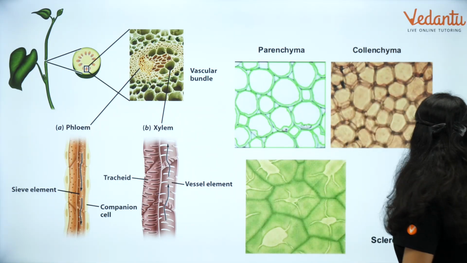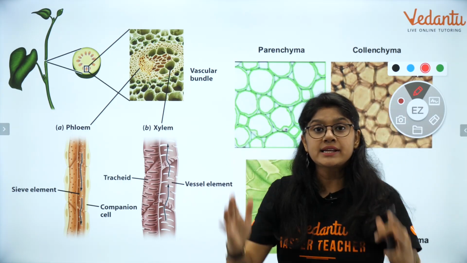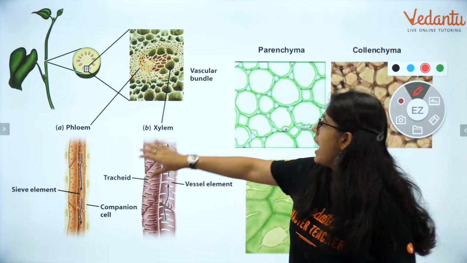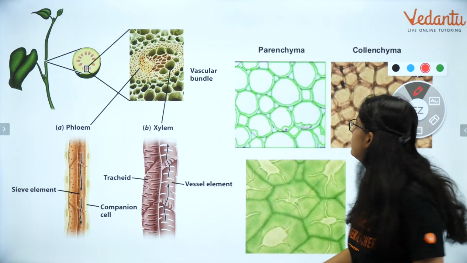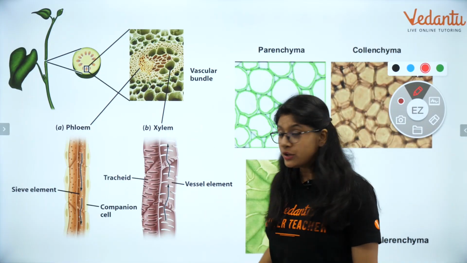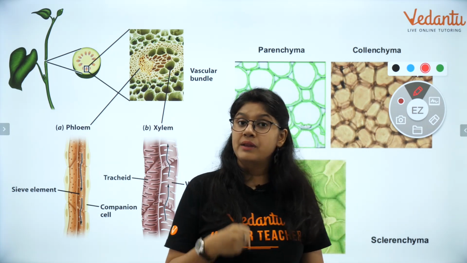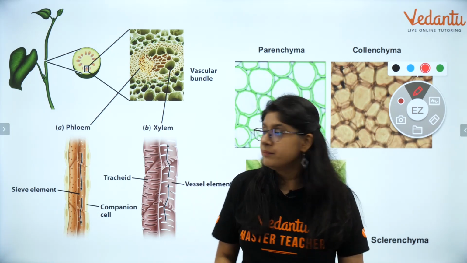These are some of the important tissues which make the plant body. We have phloem, xylem, parenchyma, collenchyma, sclerenchyma, and so on. So we know that these are the specific types of tissues which are required by a plant to perform perfectly.